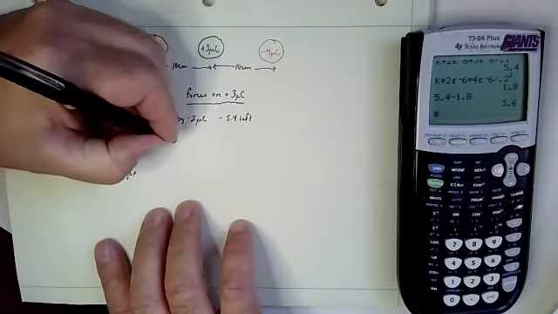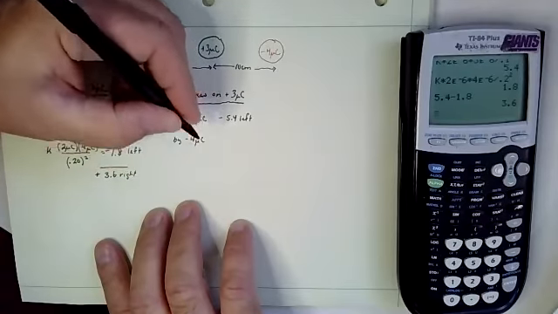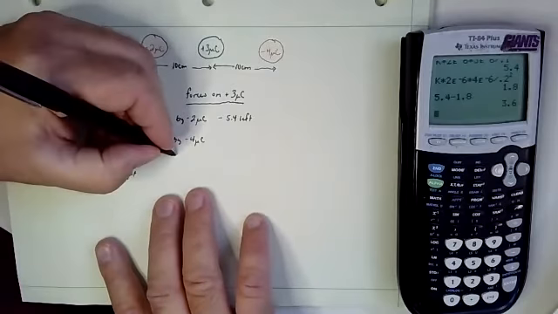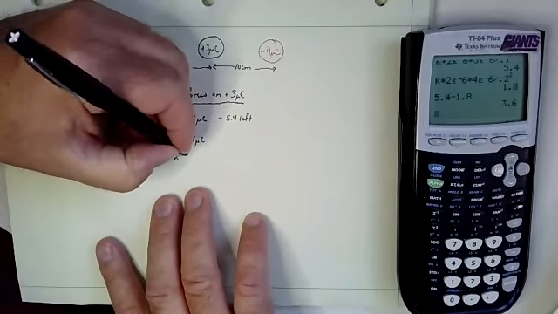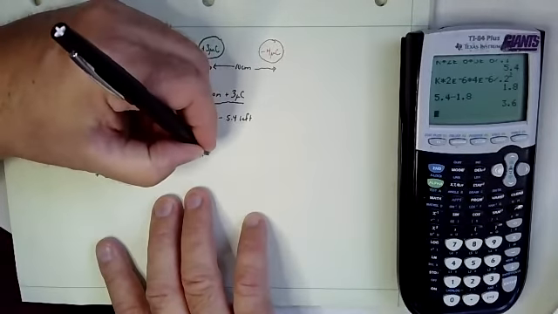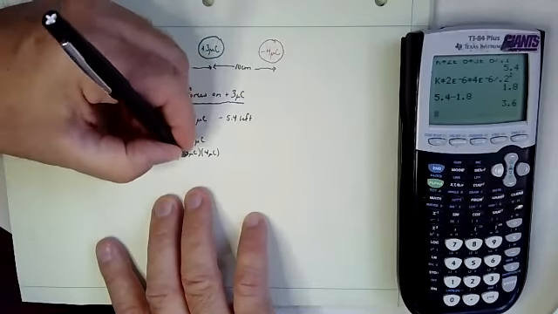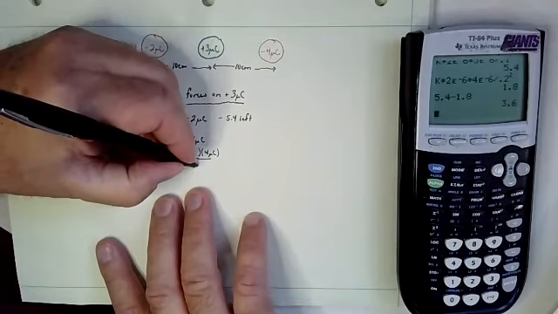So we're going to write minus 5.4 left. And then by the negative 4 microcoulombs, so we're going to have K times 3 microcoulombs, and then times 4 microcoulombs divided by, and this is only 0.1 squared.